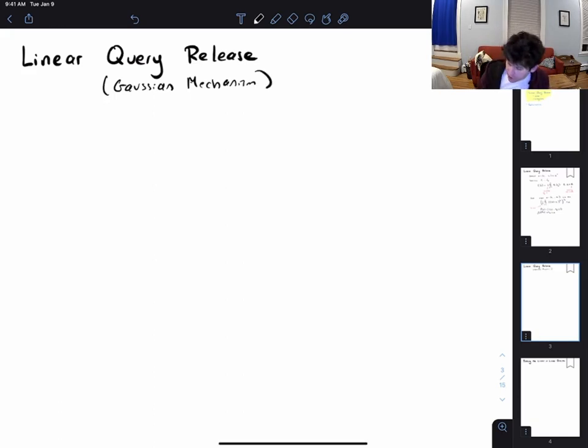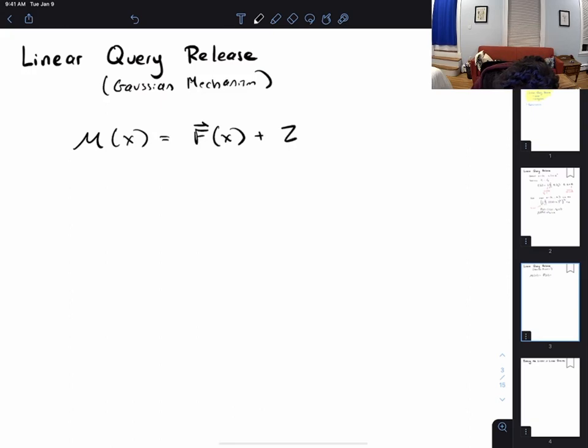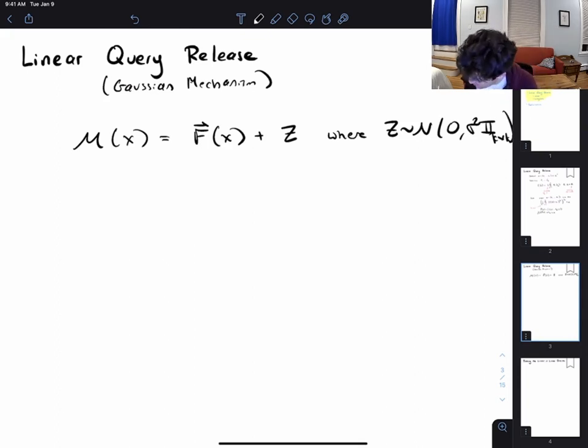If you remember, the Gaussian mechanism M(x) outputs the vector of answers plus some noise z, where z adds noise that is Gaussian with variance sigma squared to every coordinate.